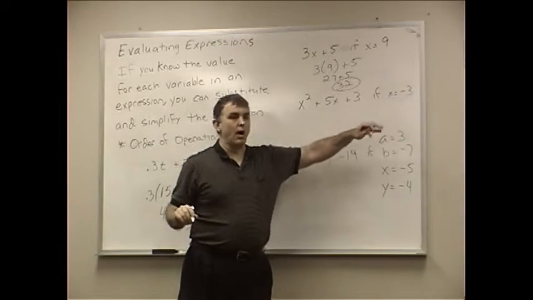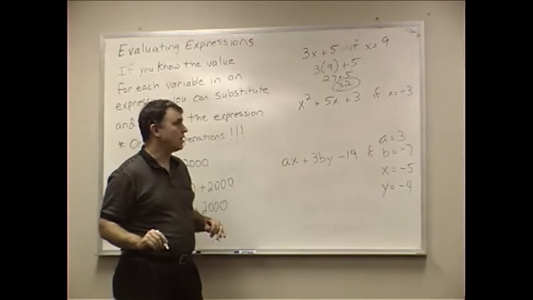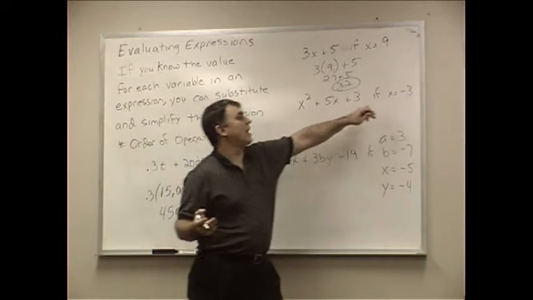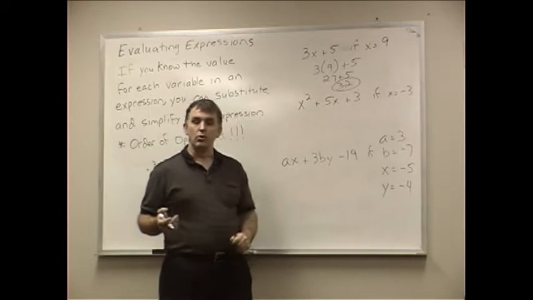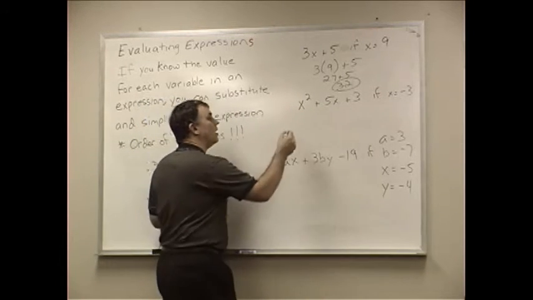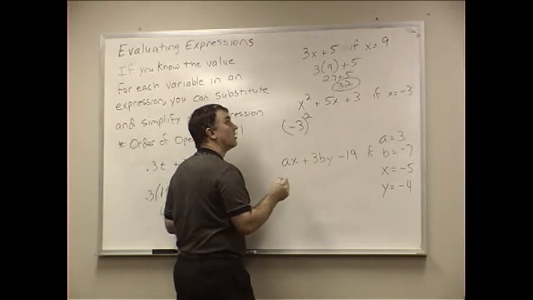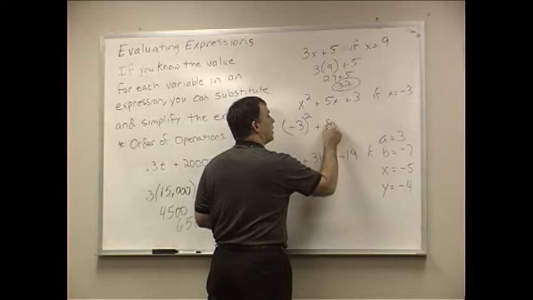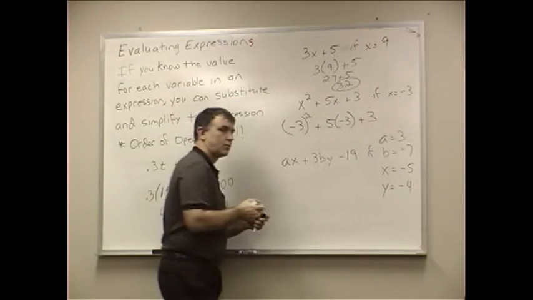For the second one, my expression is x squared plus 5x plus 3. So I'm going to put in x is negative 3, so I'm going to put negative 3 in. I've got x in two different spots though. So I'm going to put in negative 3 here for the x squared, and I'm going to put it in plus 5 times negative 3 plus 3.